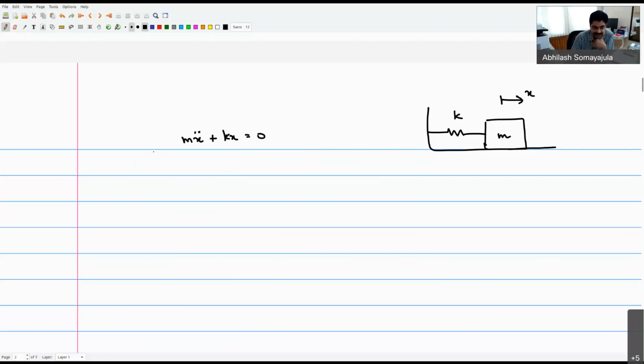So now if I write down velocity is equal to x dot, and I want to express this in a state space format, x and v is my so-called state space vector. Okay, so if I take a derivative of this, that will be given by v, and v dot will be given by minus k by m x.